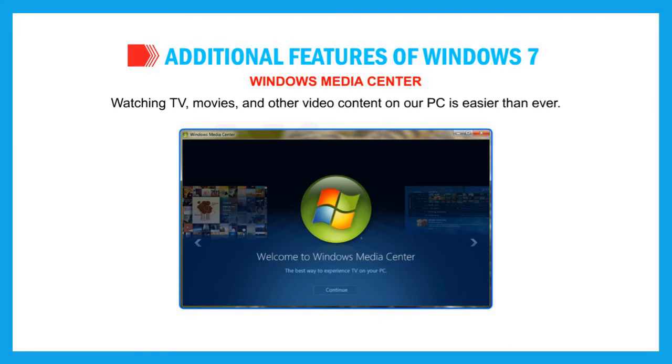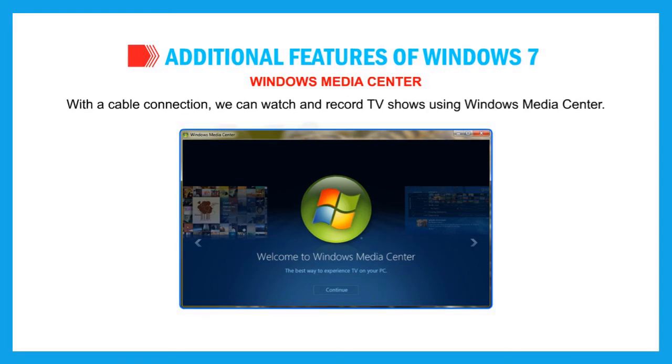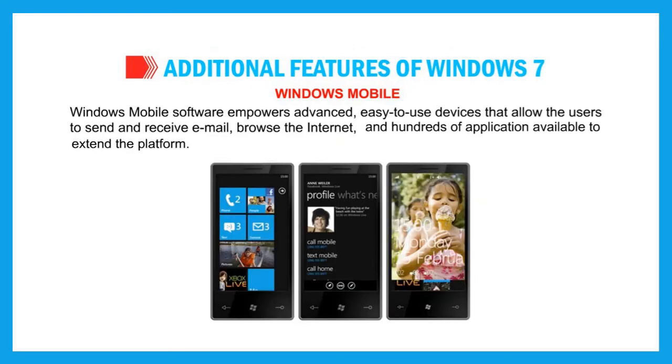Next is Windows Media Center. Watching TV, movies, and other video content on a PC is easier than ever. With a cable connection, we can watch movies and record TV shows using Windows Media Center. Next is Windows Mobile.